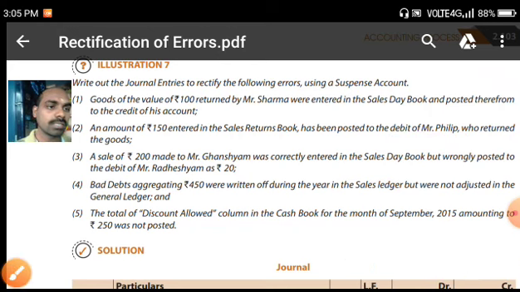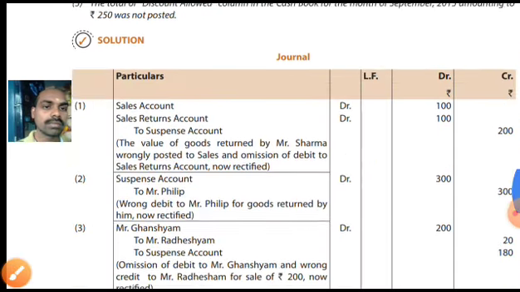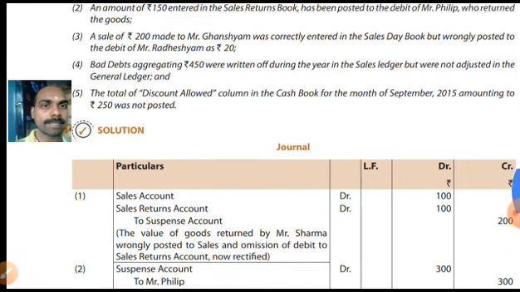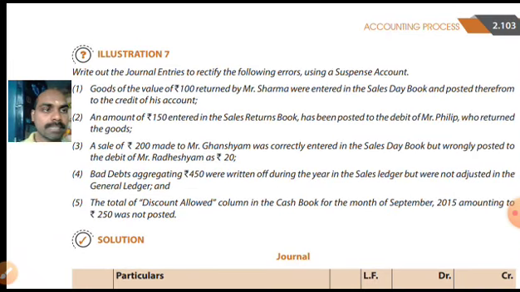Let us see here: suspense account debit to Mr. Philip account, because it is also a clerical error, we need to take the help of suspense account. Wrong debit to Mr. Philip for the goods returned by him, now rectified. That is the narration we need to write.